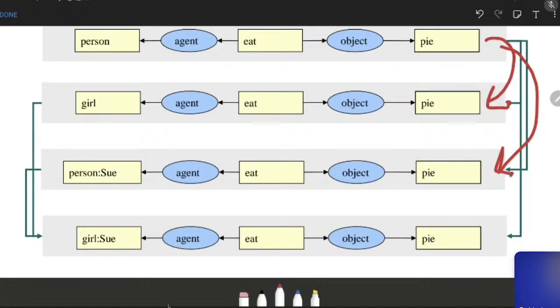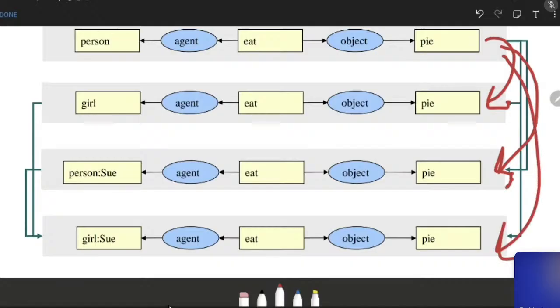So this is a specialized form. Here we are literally replacing a type with an instance, a person who's called Sue. So this is very, very specific.